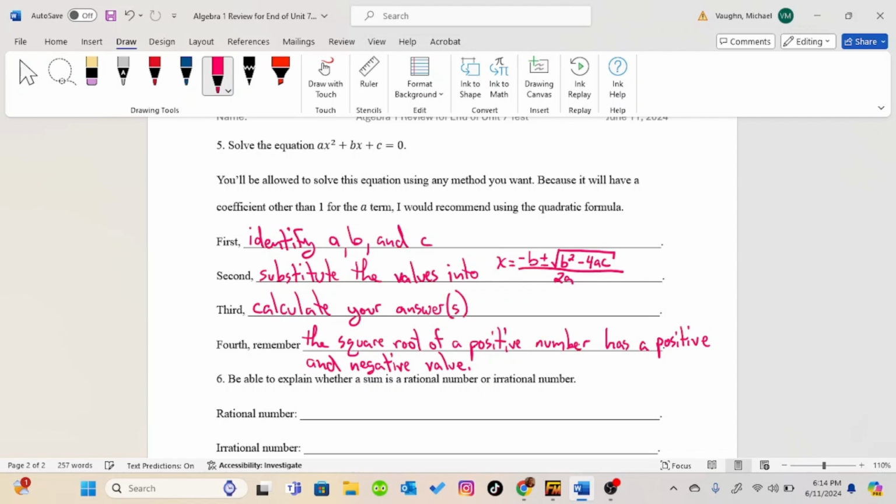So remember your plus minus. Do it once when you add and once when you subtract. If you have any questions about how to solve using the quadratic formula, please ask for clarification now so you are best prepared for your final test tomorrow.